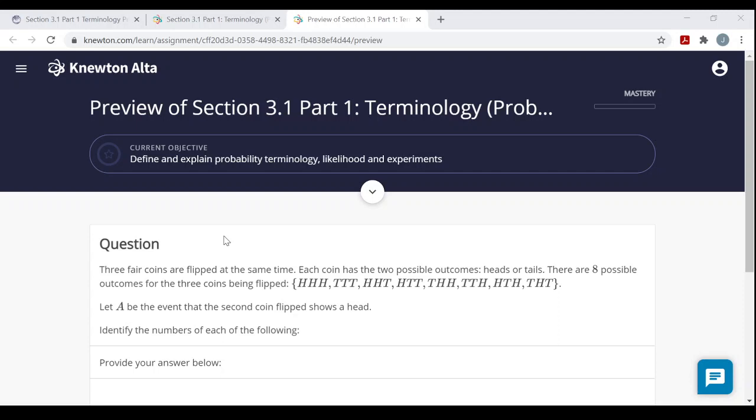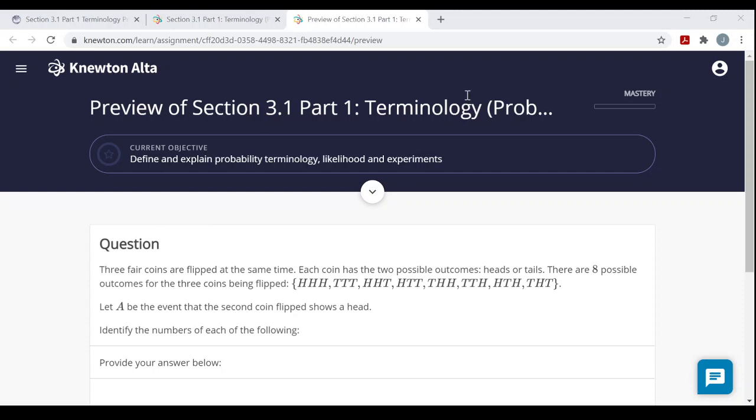It's different for every student. But the objectives are the same. And the types of questions are the same, and the way you would work through them is the same. So hopefully you can use this video as a nice guide to help you through this assignment when you do it yourself.